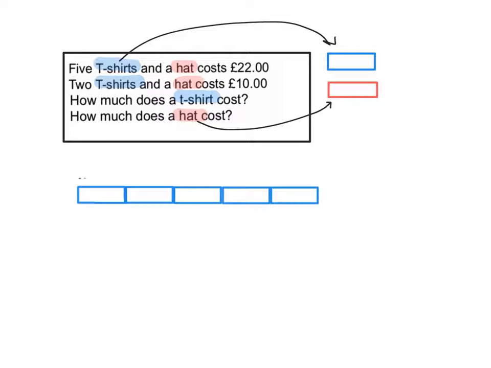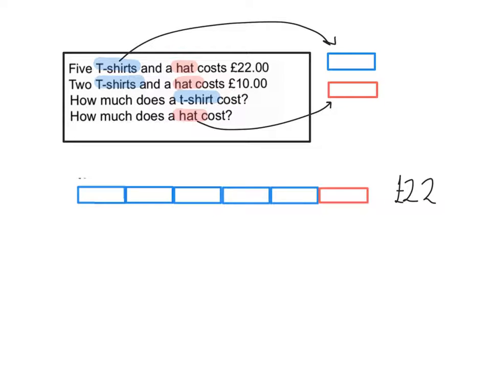Now you can do them in different colours like I am doing, or you can do them different sizes, it doesn't really matter, but there's 5 t-shirts and a hat. And that equals £22.